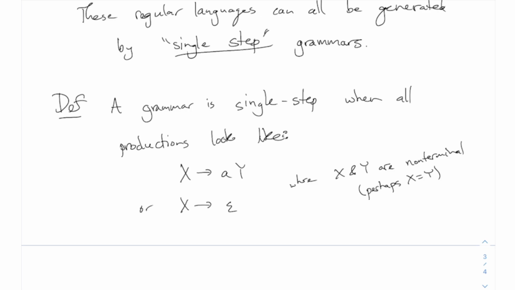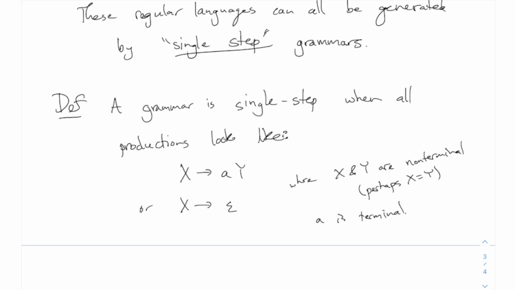Like it is allowed to have X goes to aX, right? Perhaps X equals Y. And a is terminal. It's one of the letters from our terminal alphabet. All right? That is called a single step grammar.